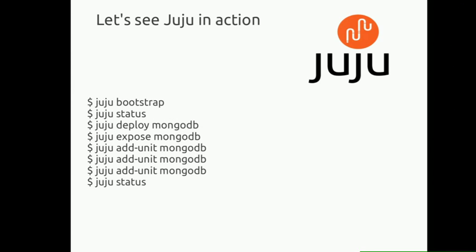All the commands that are needed to do this are exactly these ones. That's all. In 10 easy steps, well, even less than that, you can have your MongoDB database running. So first of all, we run juju bootstrap. What this will do is start a virtual machine with all the environment you need to have Juju ready for action.